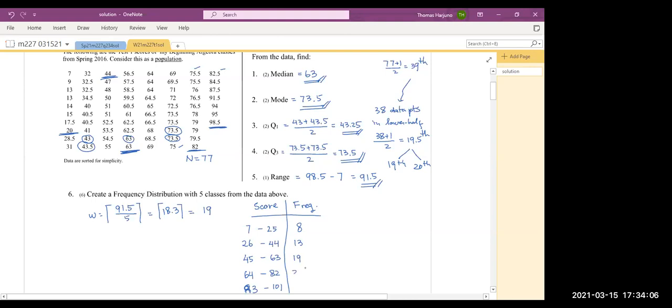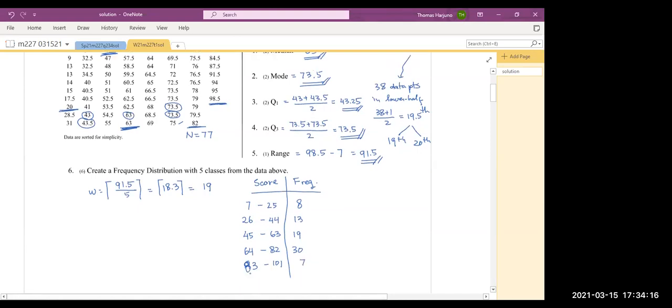Wow, surprise. And the last one, there are 7. Now make sure you add them to check that you get 77. This is 21, 40, 77. Yes, we have 77. So this is the frequency distribution.